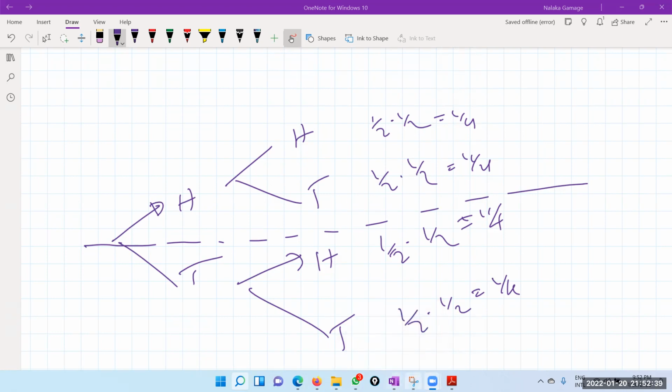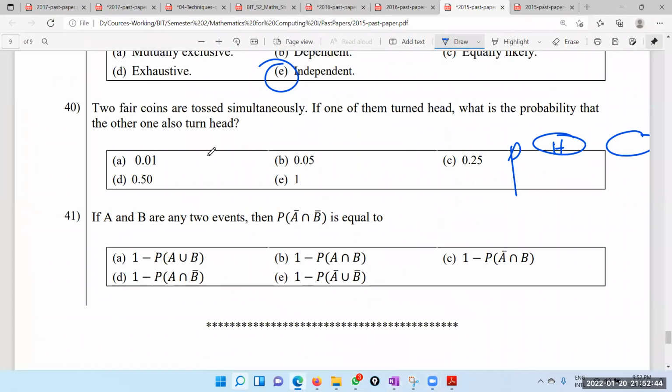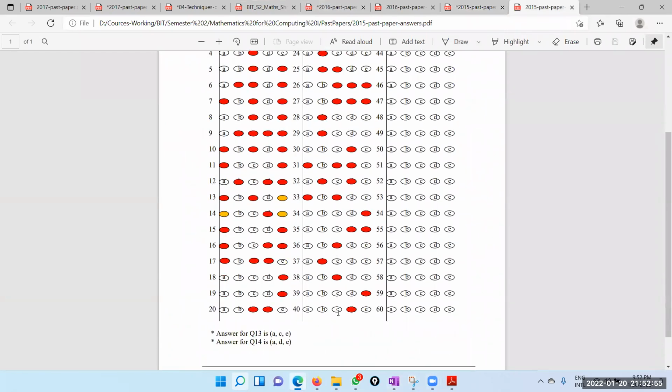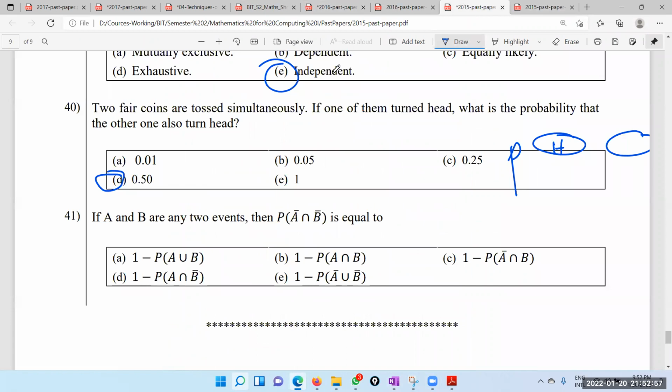Let's see the answer. 0.5 is D. Yes, 40D. හරි. එක්කෙනෙක් head වෙලා තියෙනවා කියන එක අනිත් එක්කෙනාට අදාළ නැහැනේ. දැන් වෙන්න තියෙන්නේ අනිත් එක්කෙනා head වීම. අනිත් එක්කෙනා head වෙන්න පුළුවන් 0.5. Right? The answer is D. C නෙමෙයි D. හරි.